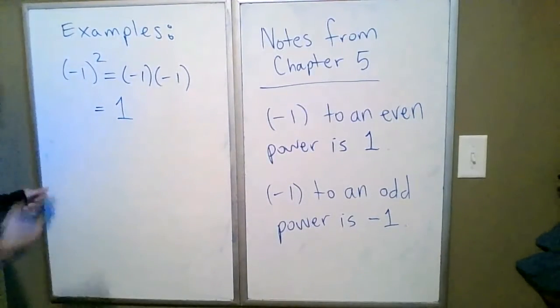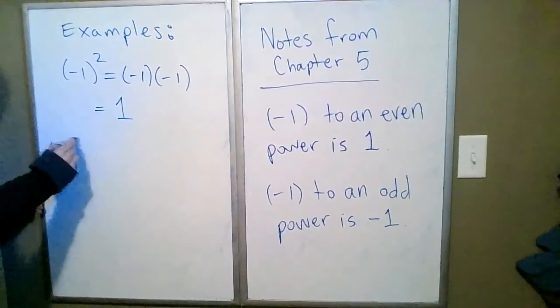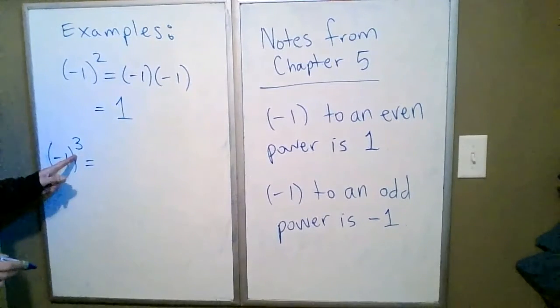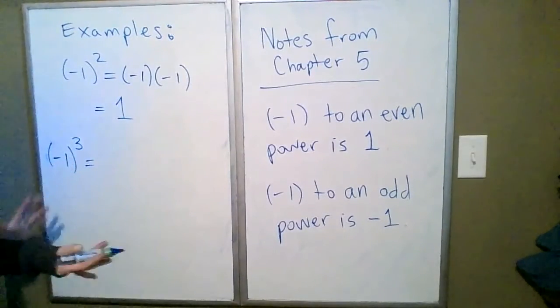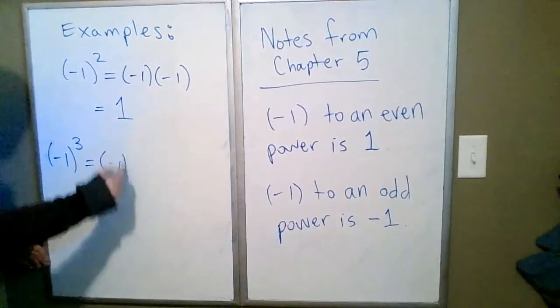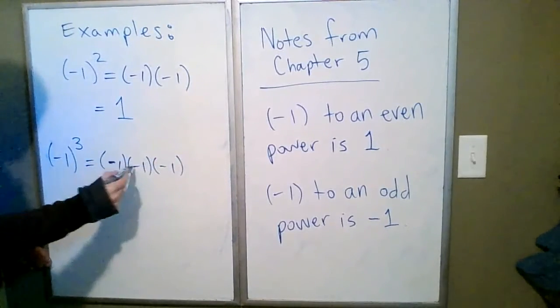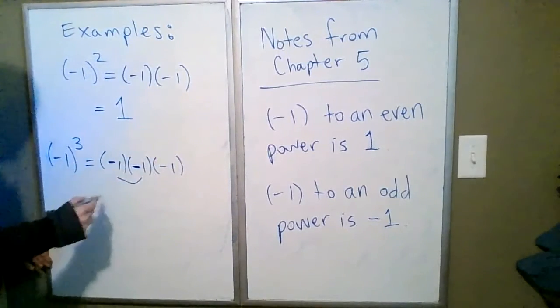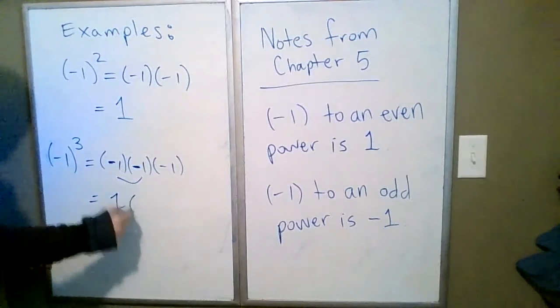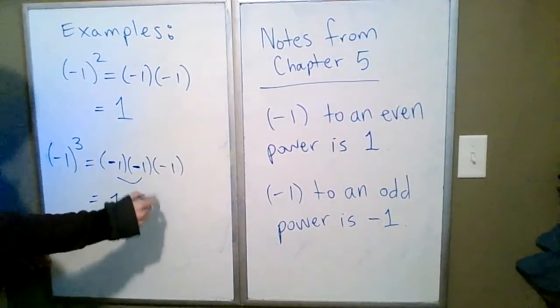-1 cubed. It's an odd power, so it will be -1. First, we're going to expand. Let's look at this negative and this negative. It's +1. Then this -1.